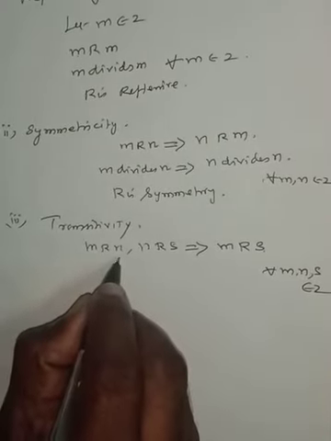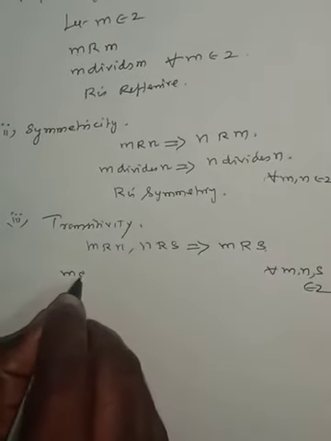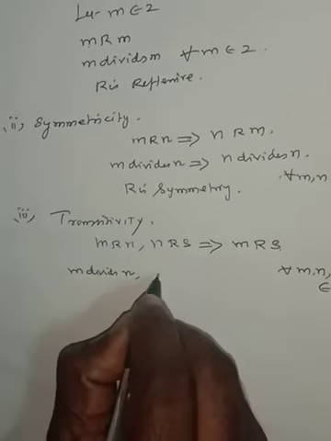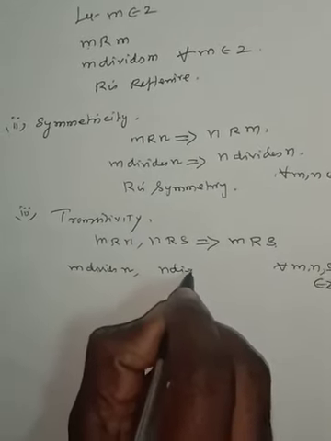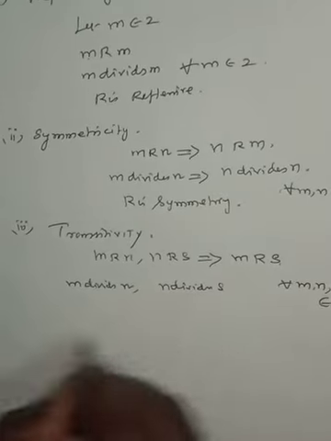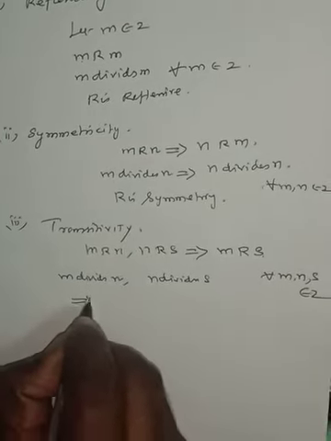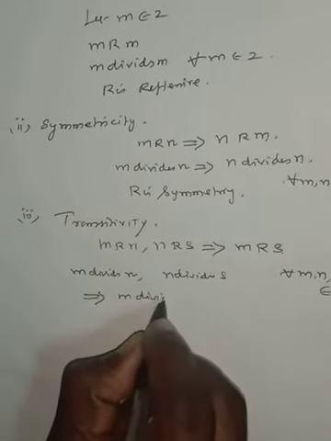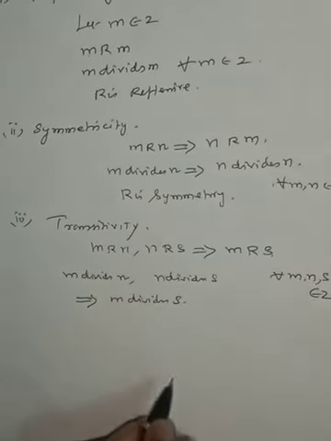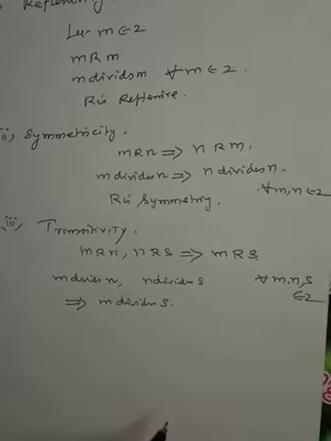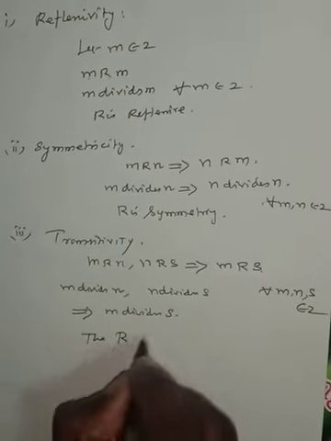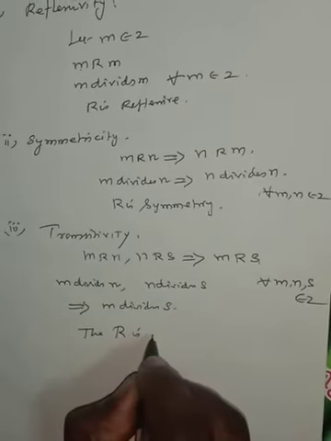M relation n means m divides n, and n divides s, which implies m divides s. So the relation is transitive.